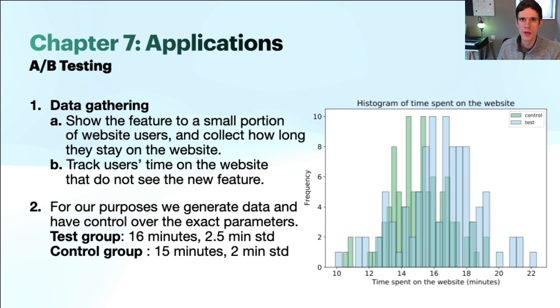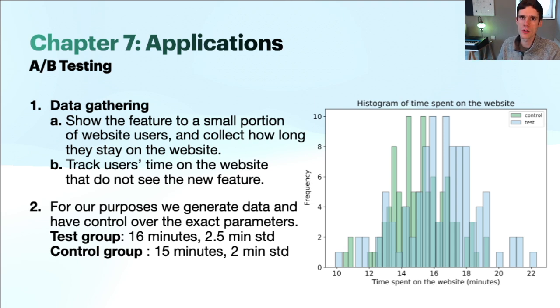And this by now is a very familiar situation that you find yourself in. Namely, you need to figure out whether these sample statistics, in this case a difference of 1 minute, is representative for the population statistics. And of course, that is what we learned in chapter 6, and it calls for statistical testing.